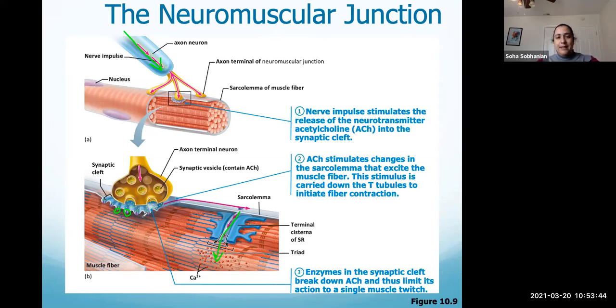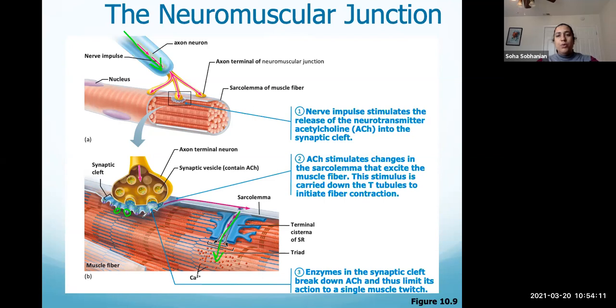Next thing that happens is sodium moves in at a higher rate than your potassium leaving the muscle cell. That movement of sodium coming in and potassium leaving is creating the electrical impulse.